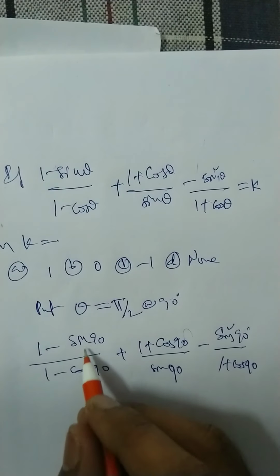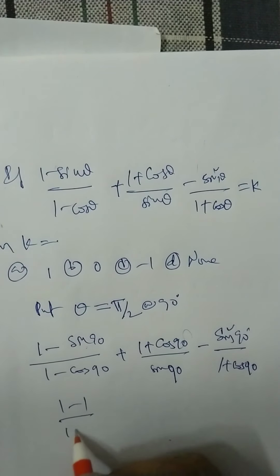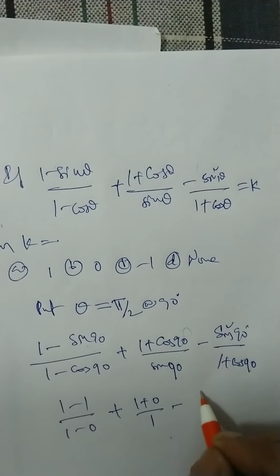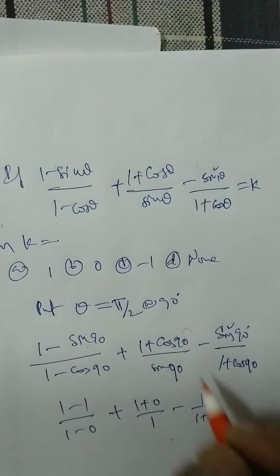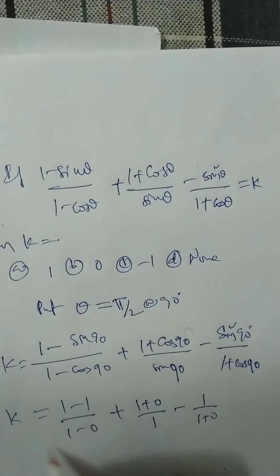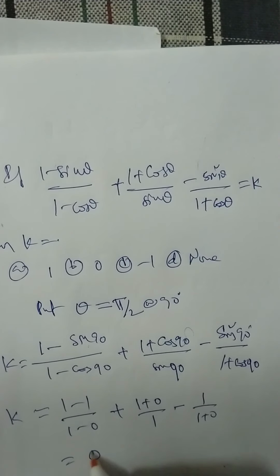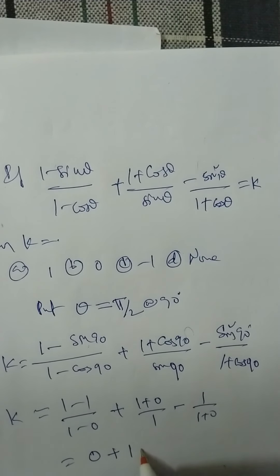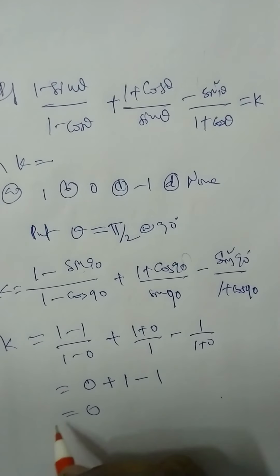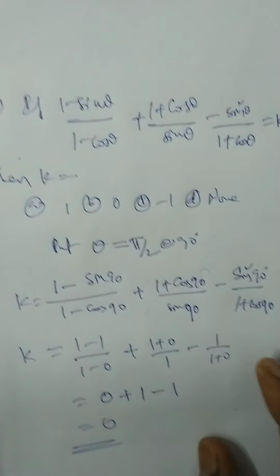And you all know that sin 90 value is 1, cos 90 value is 0, so this will be converted into 1 plus 0. So this is all the calculation we are doing for the k value. So k is equal to 1 minus 1, this is 0, so this is 1, this is 1. The value of k is equal to 0. So the value of k is 0.